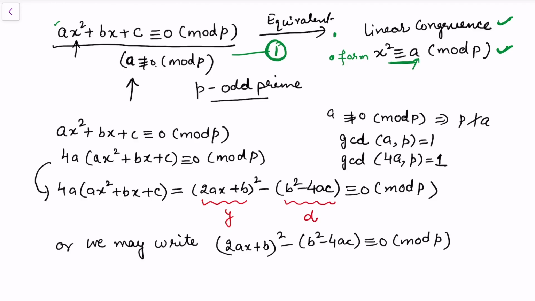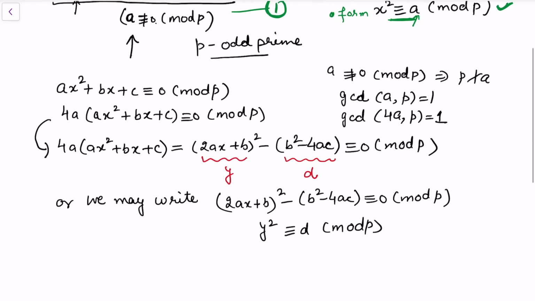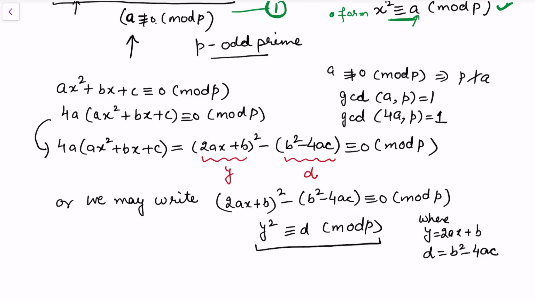I may write this as y square congruent to d modulo p, where y is 2ax plus b and d is b square minus 4ac. So this is the form that we required, the form given in equation number 2.